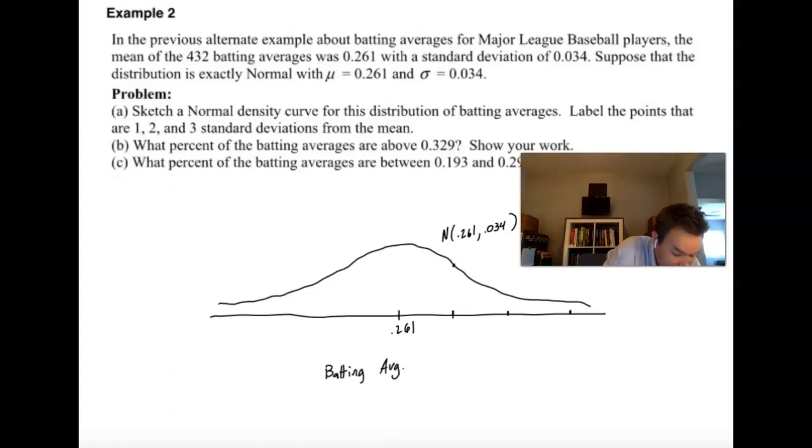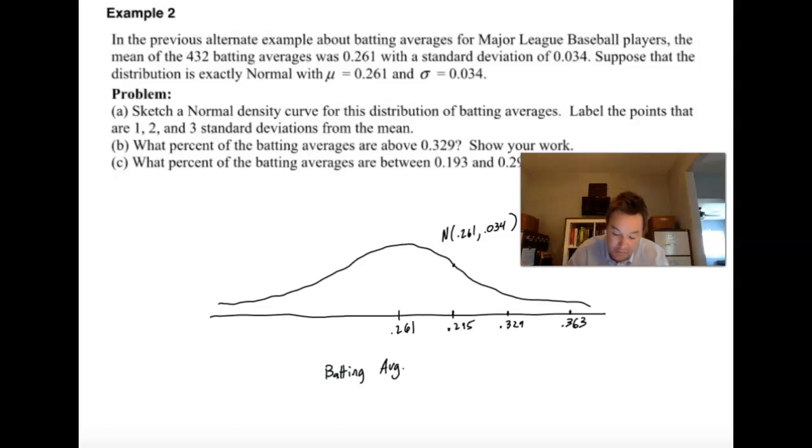So 0.261 plus 0.034 is 0.295, plus 0.034 is 0.329, plus 0.034 is 0.363.